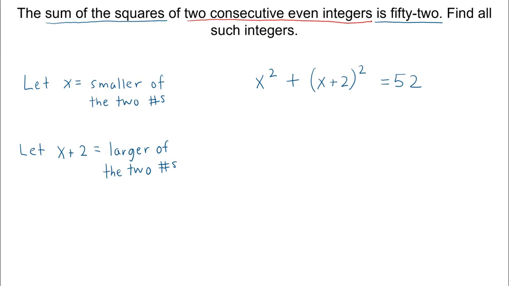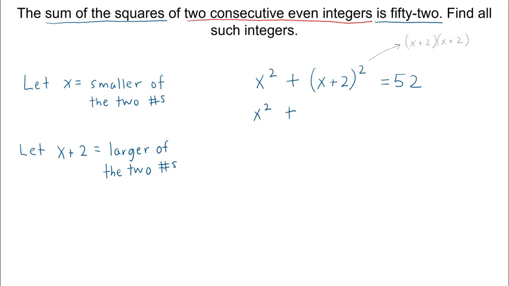Now we need to solve this equation. First, let's simplify the binomial x plus 2 squared. Remember, that is x plus 2 times x plus 2. So that's a FOIL situation.